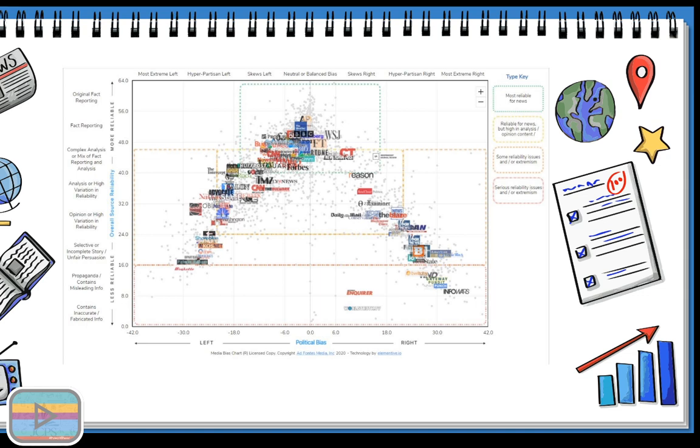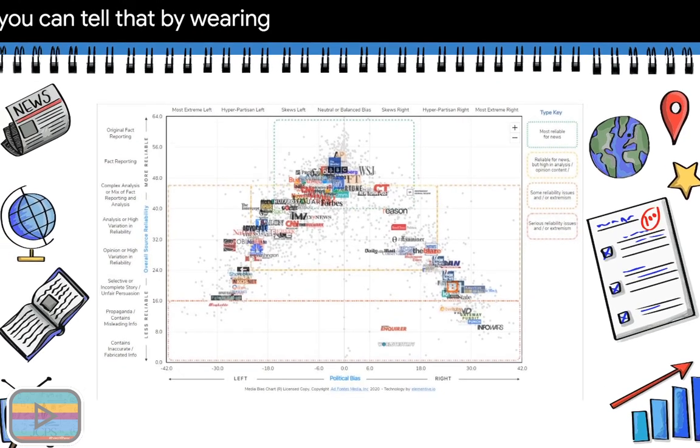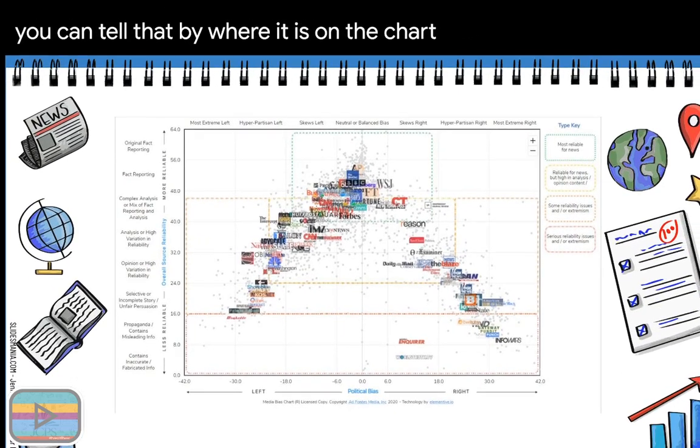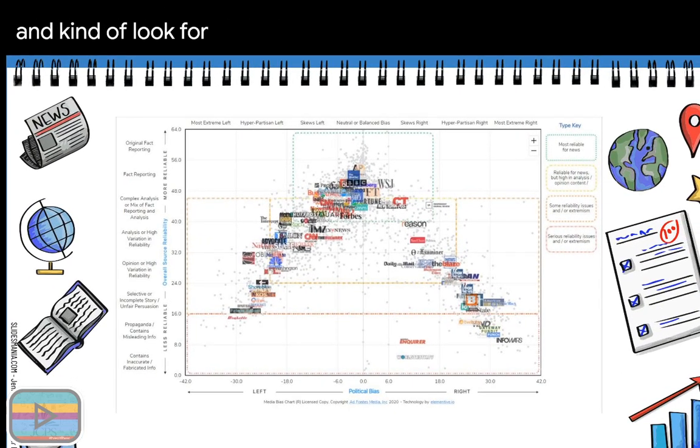By that, they've looked at the instances of inaccuracy and things that completely weren't right or true. So the lower on the chart it goes, the more inaccurate news stories or misinformation you'll find. And depending on if it slants left or right, you can tell that by where it is on the chart. You can zoom in closer and look for your news sources.